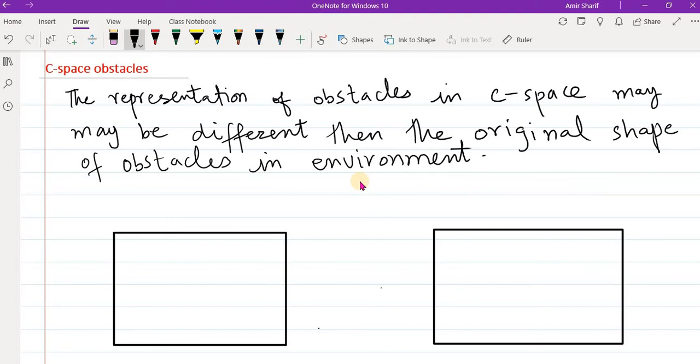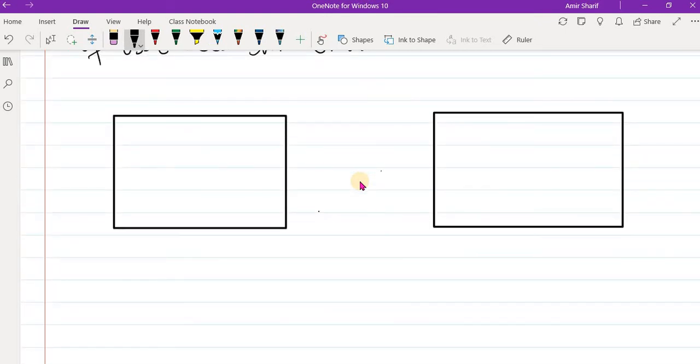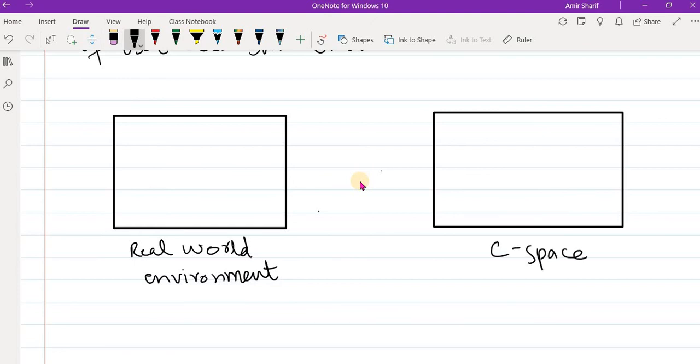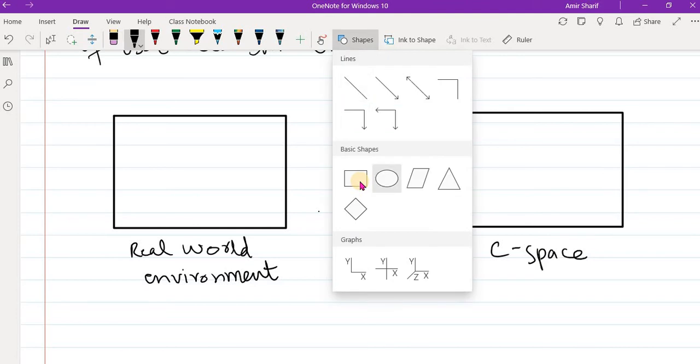So the point we are trying to make is that this is, let's say, your environment, the real world. We call it the real world environment, and here we have C space. So we are taking an example of a circular robot.